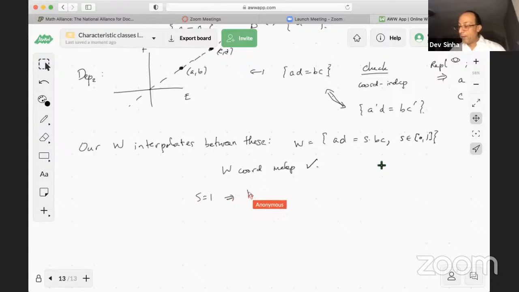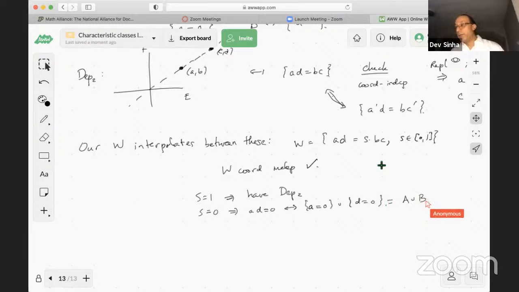When S equals 0, we have AD equals 0. It means that either A equals 0 or D equals 0, and those are our equations for A and B. And so, yeah, this is the W we want.